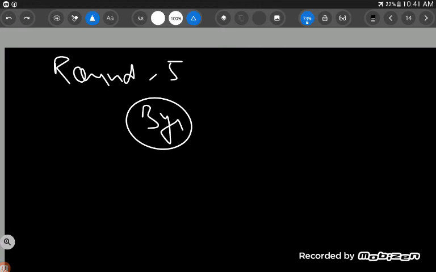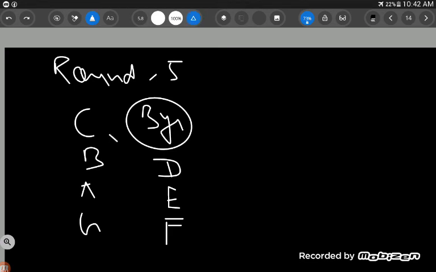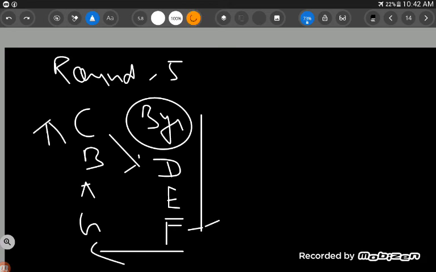C team will come at the place of D, and D will come at the place of E. Then E, then F, then G, then remaining A and B. Here you will draw the arrow indicating the rotation of the clock.